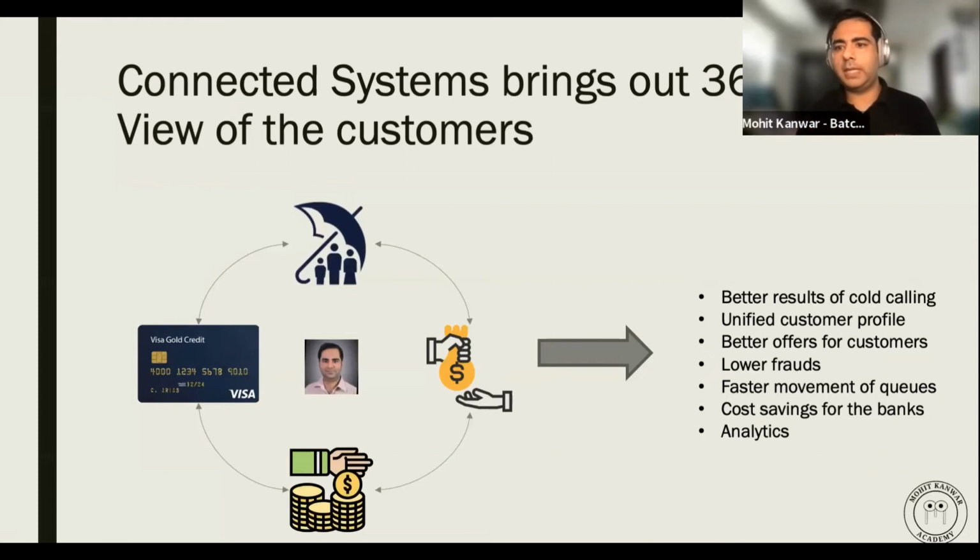And whenever a customer care executive calls the person, he just has to search with one of those IDs and identify who the person he's talking to is. This will help in enabling customized, personalized offers for the customer. It will result in better sales. It will also result in lower fraud rates, because now you have a unified profile.